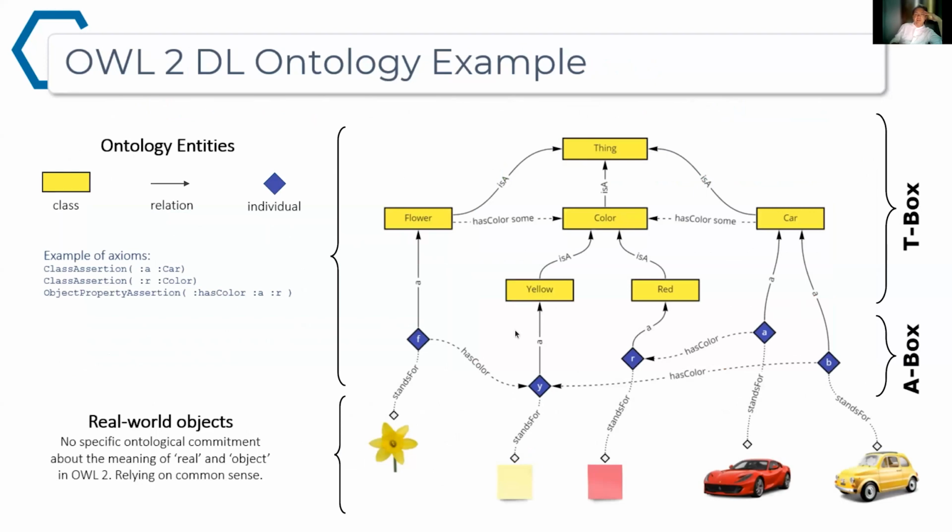It is a very trivial example of what an ontology is. You can see here what is called the T-box. With T-box, we intend the abstract knowledge in which, for example, we know that a flower, a color, and a car are things, and that yellow and red are colors. So this is a taxonomy. Then we have the A-box, in which we declare that something exists, for example these two cars that are cars, so they are also things.